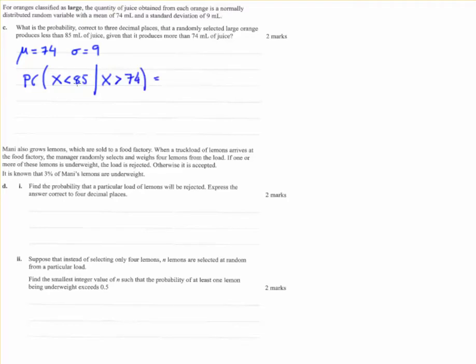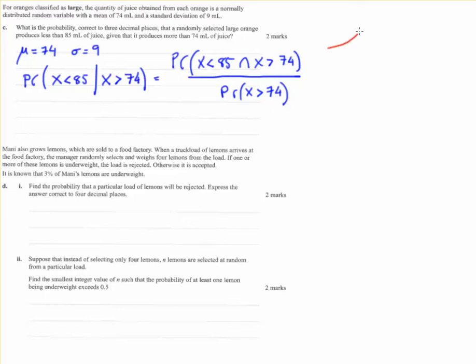Well, this is a conditional probability, so we can use the conditional probability formula, which says that we need to take the probability of the intersection of these two divided by the probability that x is greater than 74. I often get questions about how to work out this intersection, and it's all about understanding what the picture looks like.